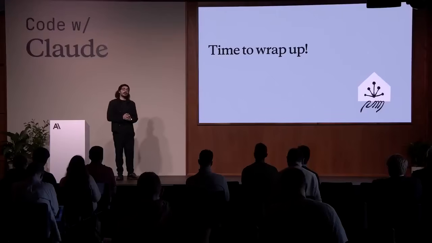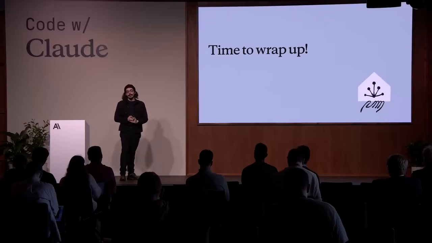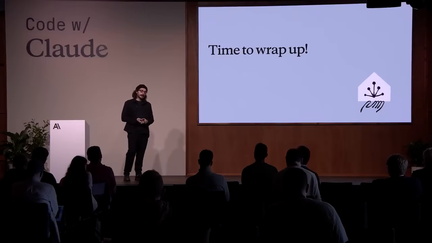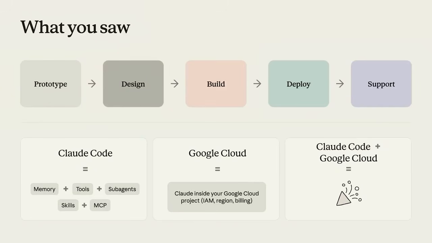OK, so this was my last demo. So let's wrap up the session. At this point, what I tried to demonstrate today is essentially two things. One, on the Claude Code side, you can use plan mode, sub-agents, MCP, skills, plugins in order to prototype applications like the one that I showed you today and deploy them on Google Cloud.